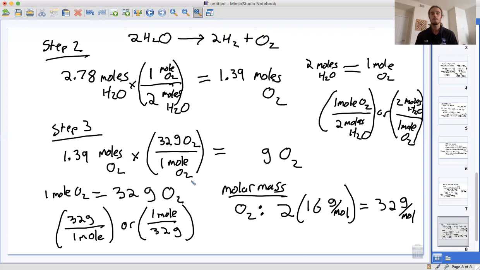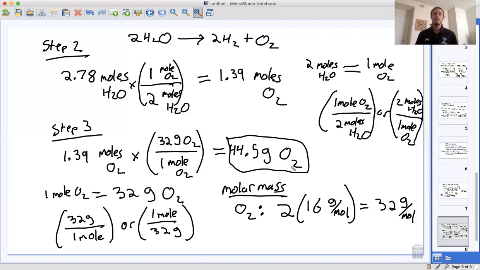And so 32 times 1.39, that's 44, and I'll round a little bit here, 44.5. That's going to be my final answer. So if I start off with 50 grams of water, I end up with 44.5 grams of O2.